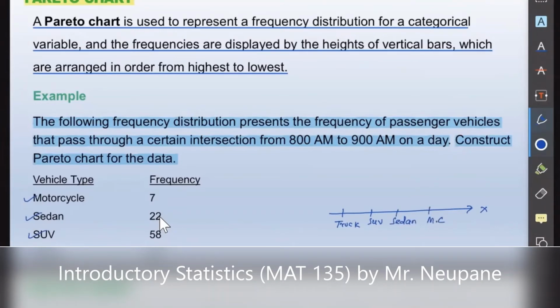So we'll have the vehicle type along the x-axis. Now along the y-axis, we must have the frequency. And then you can see that we have the frequency up to 67.